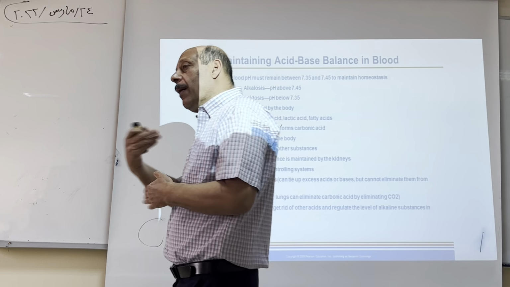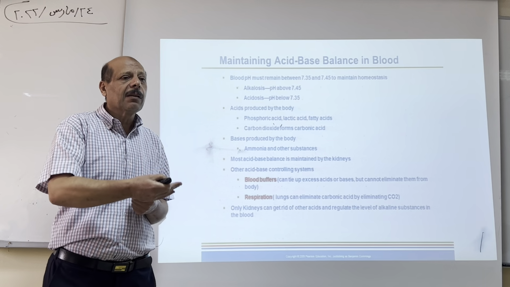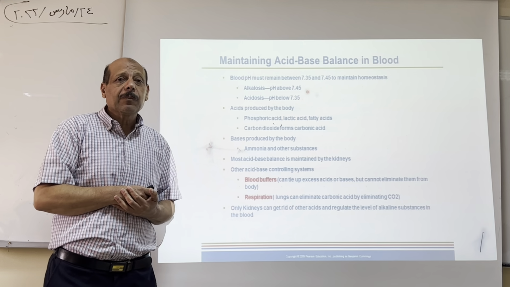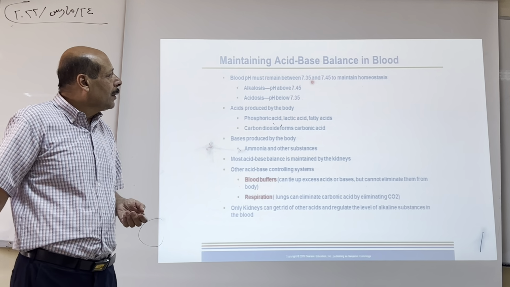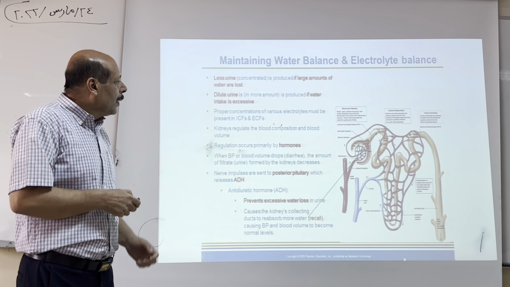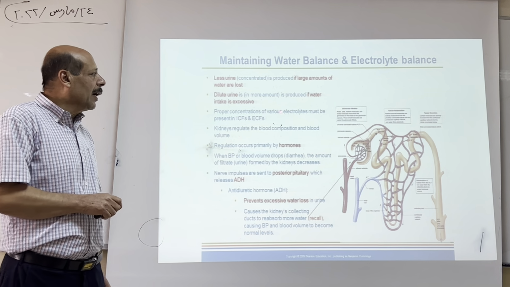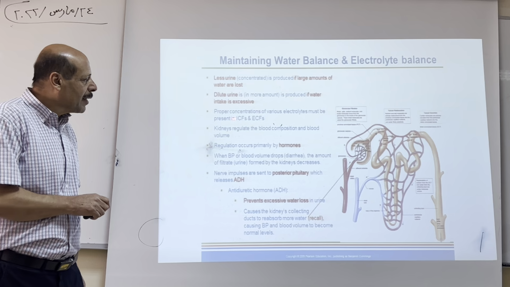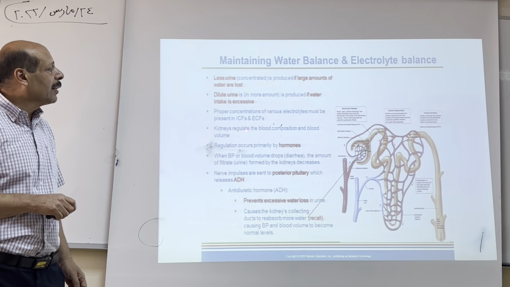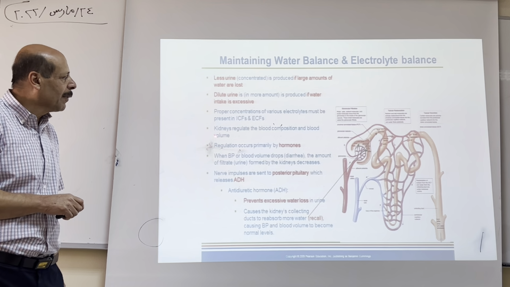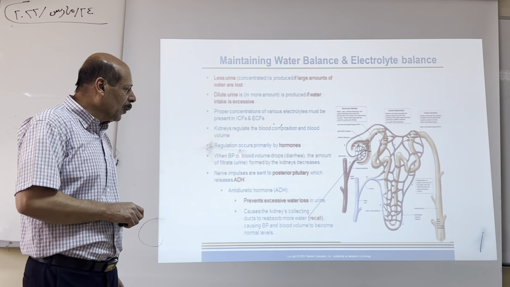And also, if the kidney is not working well, it is not only working with the fluid. It will interfere with the electrolyte balance. So the proper concentration of various electrolytes must be present in the intracellular and extracellular fluid. As we said, the kidney has to regulate the composition of blood and volume.